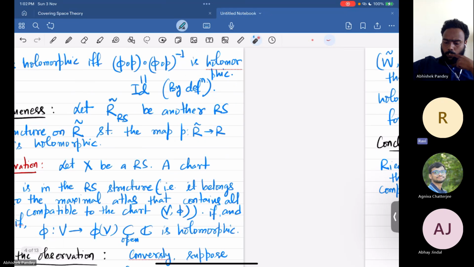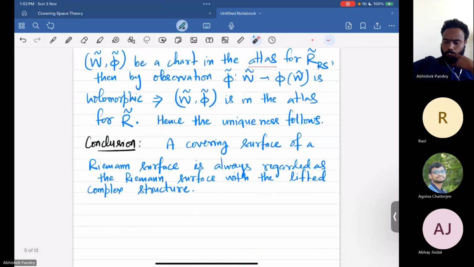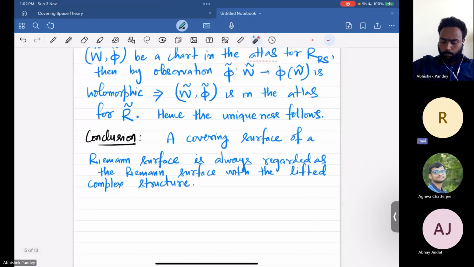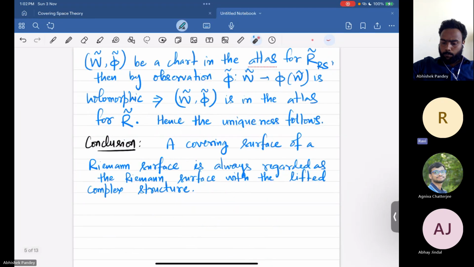Do you get my point? That is what I have a doubt about. I'm saying the observation is not the same as this. We can't exactly use this observation, because in the observation we are just restricting our previous atlas.